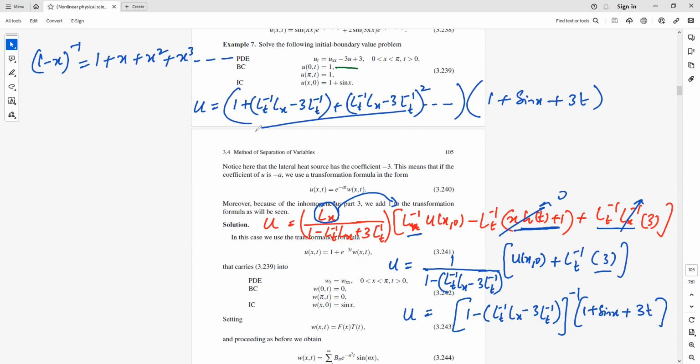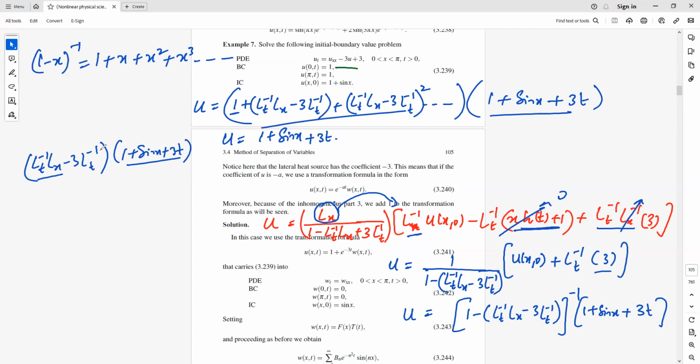Now let us expand this whole function. So we'll get u equals, when this 1 multiplies with this, we get 1 plus sine x plus 3t, then plus, when this operator, that is LT inverse Lx minus 3 LT inverse, is applied on 1 plus sine x plus 3t, what we are going to get is, when Lx is applied, 1 goes to 0, 3t goes to 0, sine x we have negative sine x, and LT inverse gives t, then minus this 3 times LT inverse gives minus 3t, then we have minus 3t sine x, then we have negative t squared over 2 factorial.